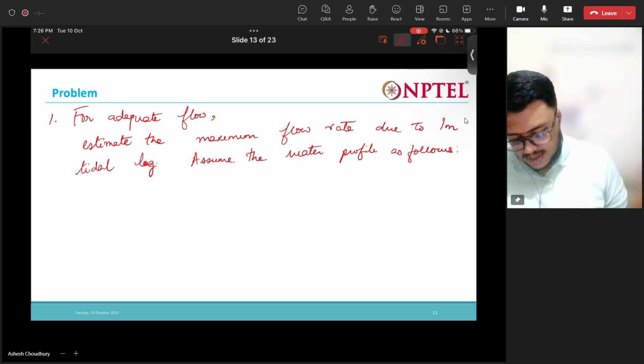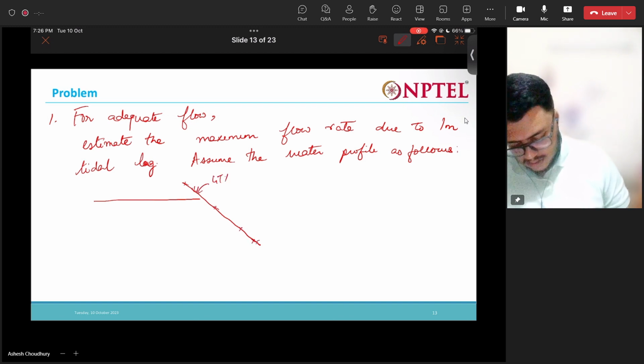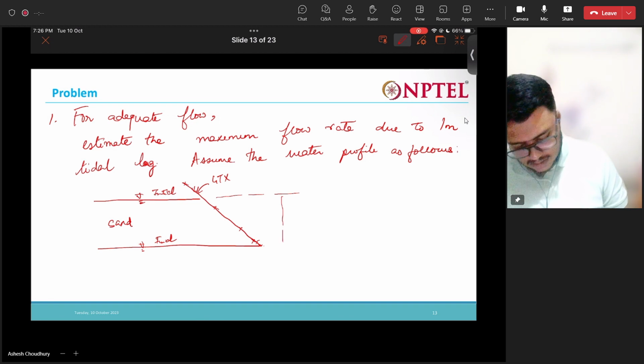So assume a water profile first. This is the geotextile. Here we have sand. This is the initial water and this is the final water. This height difference is 1 meter.